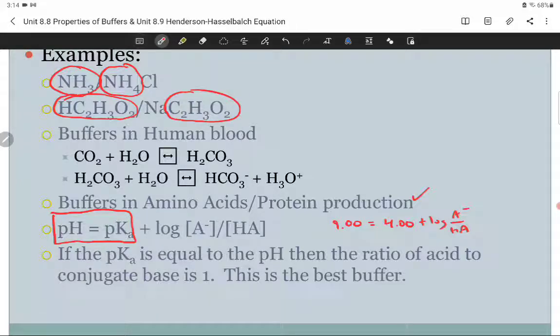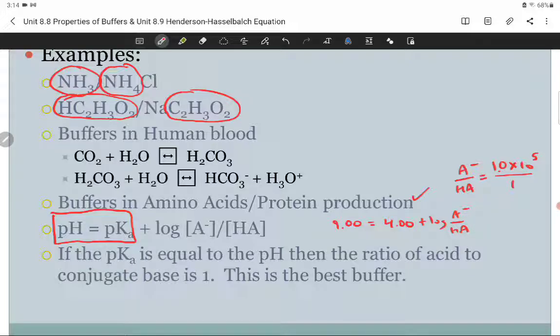So let me solve for that A minus versus HA. 9 minus 4 is 5. Then take the anti-log, and that's going to give you that ratio.